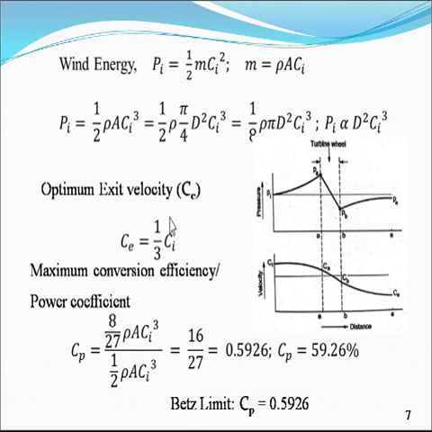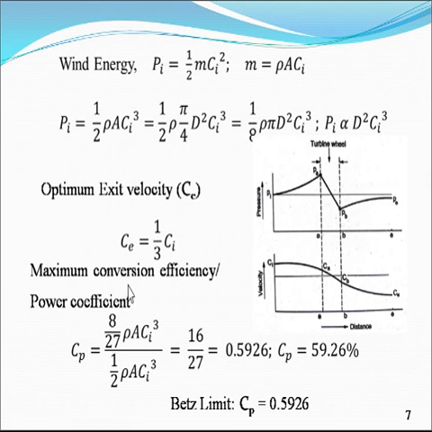By putting c equal to 1/3 Ci in this equation, we have the maximum conversion efficiency, and then we have the maximum power of the rotor as 8 by 27 rho A Ci cube.